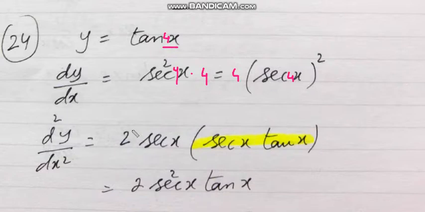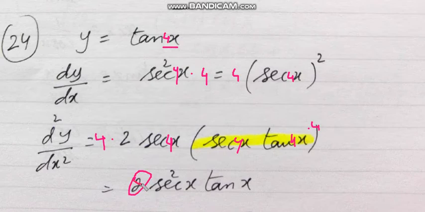Then again 4 as it is, then applying the power rule, secant of 4x, then secant 4x tangent 4x, then the derivative of the angle, that will be 4, and then your answer will be 8 secant² 4x tan 4x.